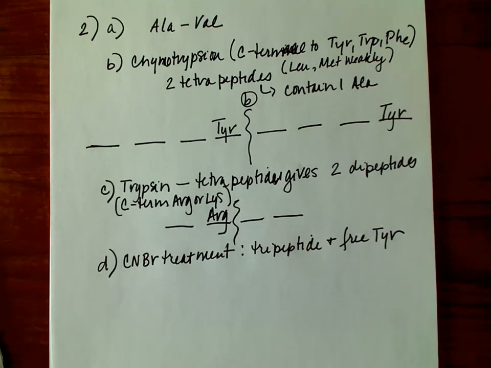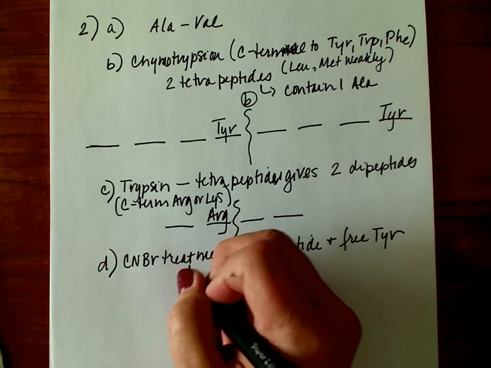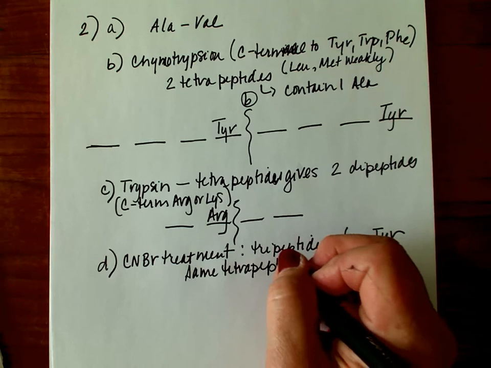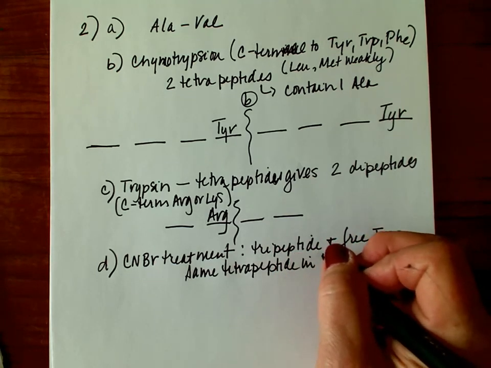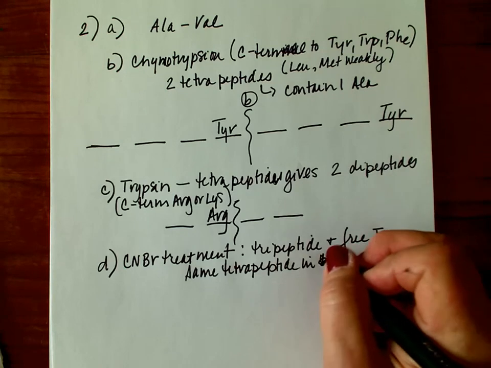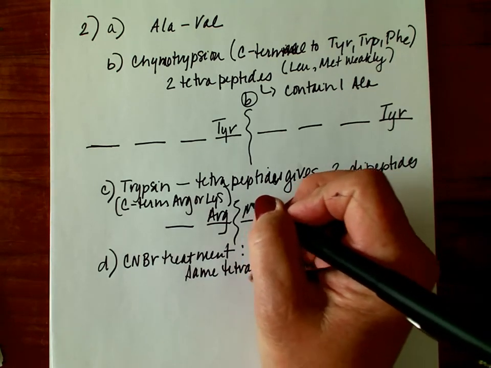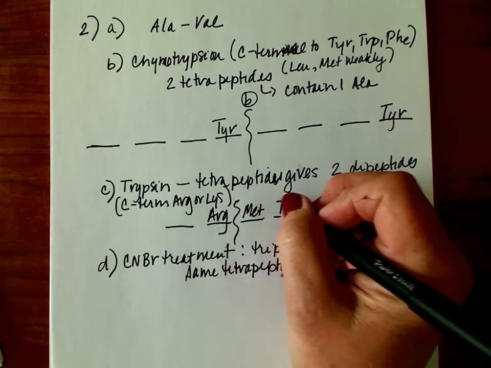So we're treating the same tetrapeptide as we are in B. I'm sorry, not B, C. So, what does that tell us? Tells us that we have methionine here and tyrosine here. Okay.